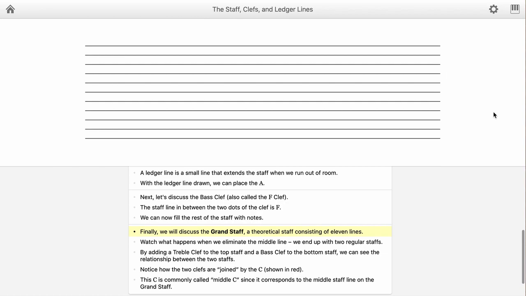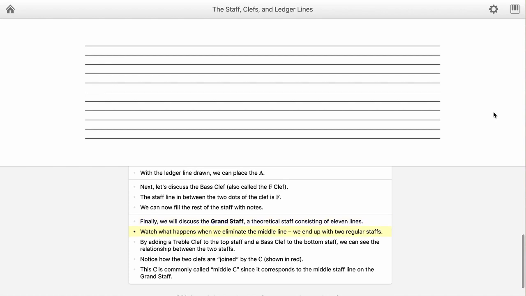But watch what happens when we take out the middle line. We end up with two regular staffs, an upper staff and a lower staff. The upper staff would handle the middle range and higher sounds, and the lower staff would handle the lower sounds.